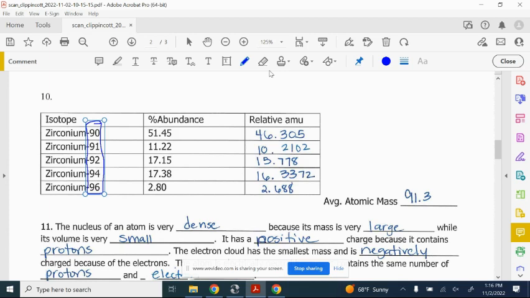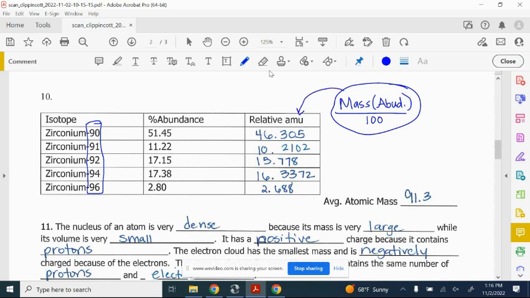To figure this number out, you take the mass times the abundance divided by 100, and you get this value. That's how you calculate this amount right here.